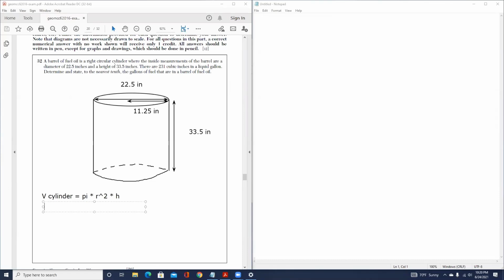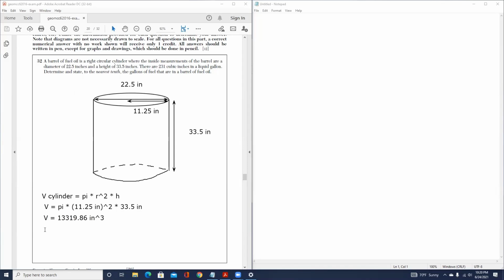And in this case, volume is equal to pi times 11.25 inches, that's going to be squared, by the way, times 33.5 inches. And we get that this is equal to 13,319.86 inches cubed.